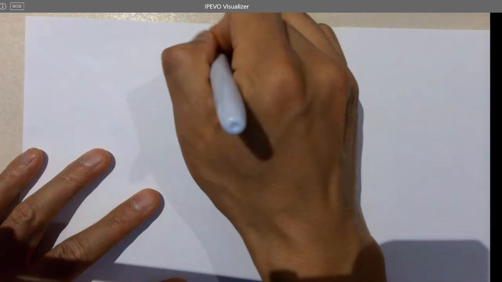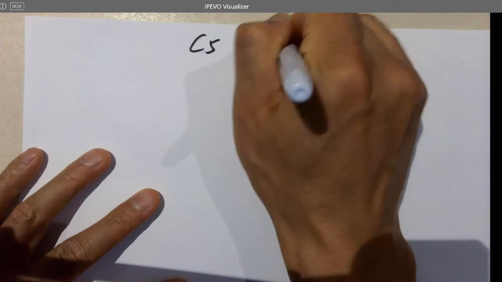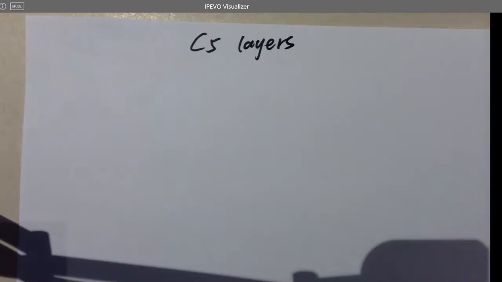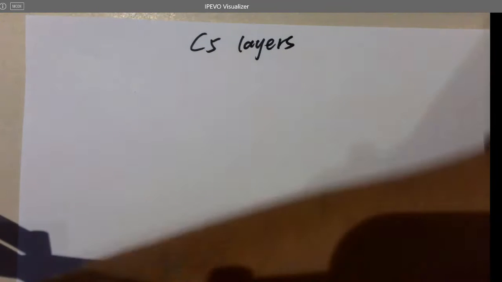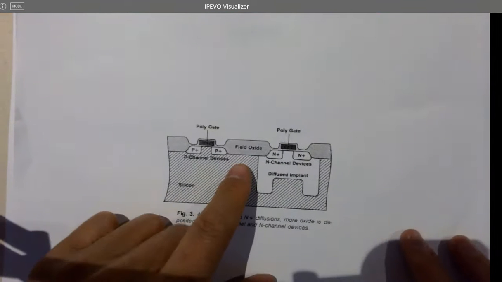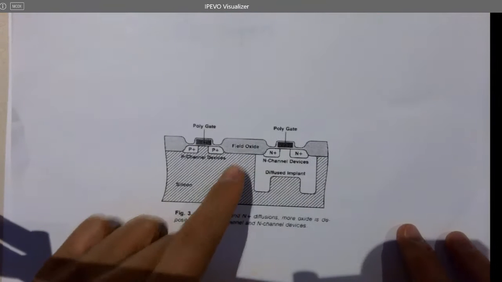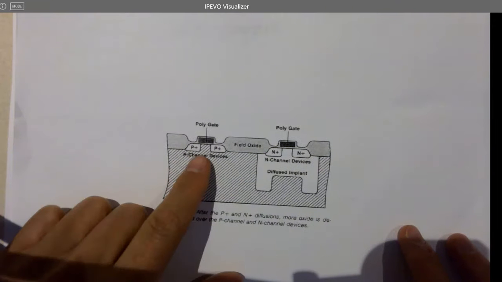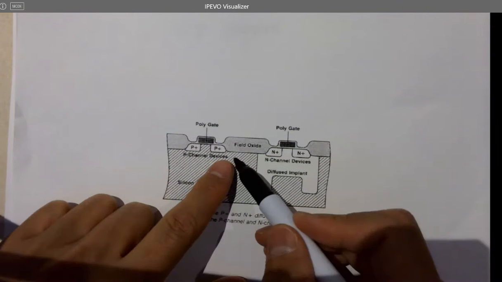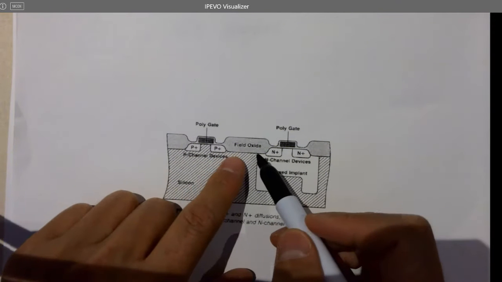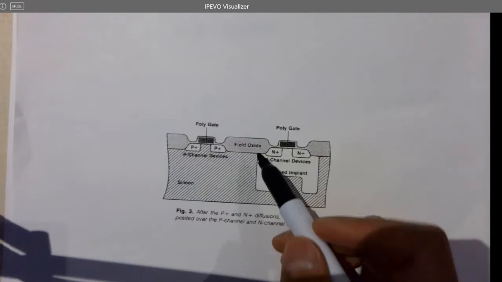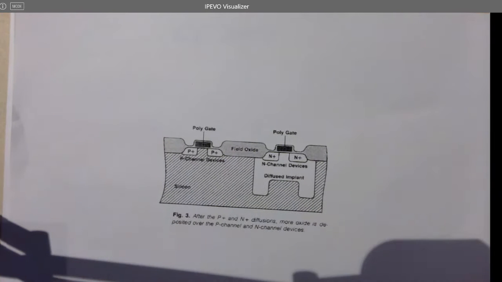C5 layers. So there's something that can be very confusing because sometimes we draw the fused oxide on the top, but in the real world, it's actually getting into the silicon substrate a little bit. I don't know how that was made. Depends on different technologies. They have different processes.